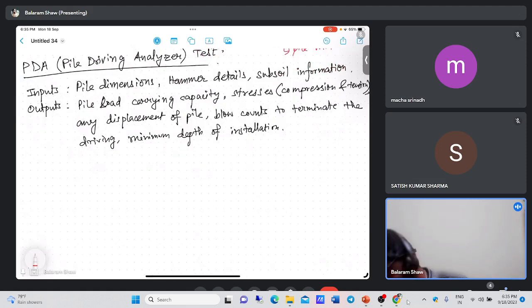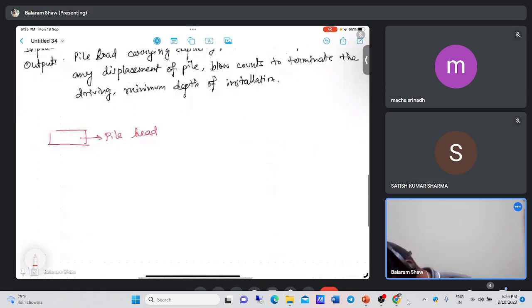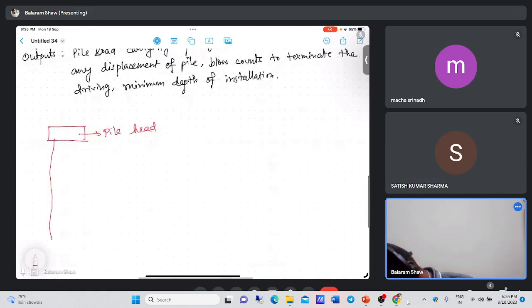So in this test, let us say we have this pile head, and this is the pile, some kind of pile I am drawing.